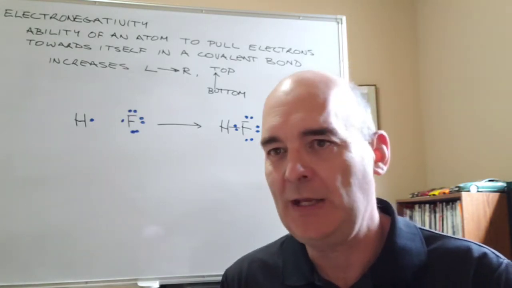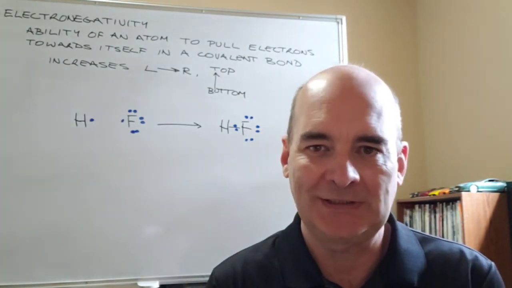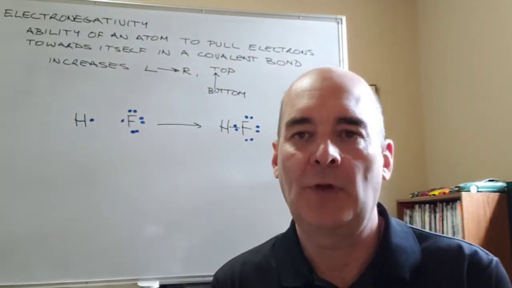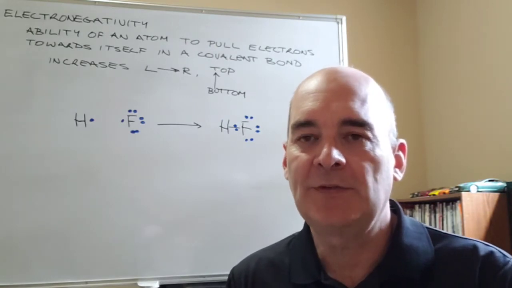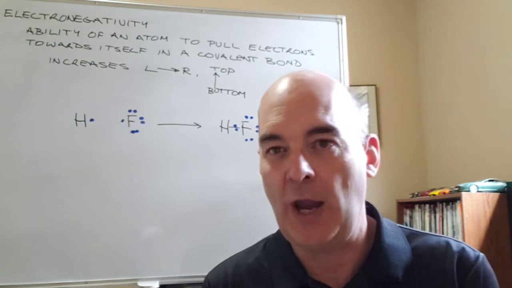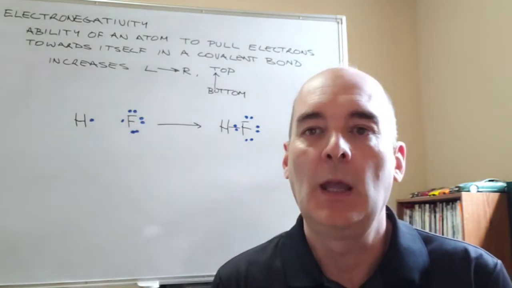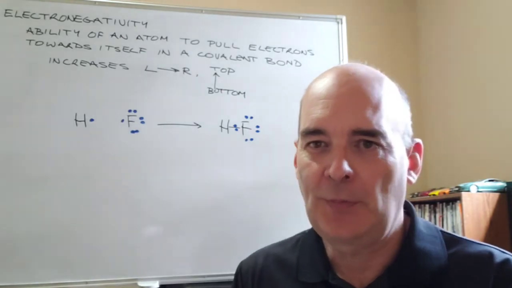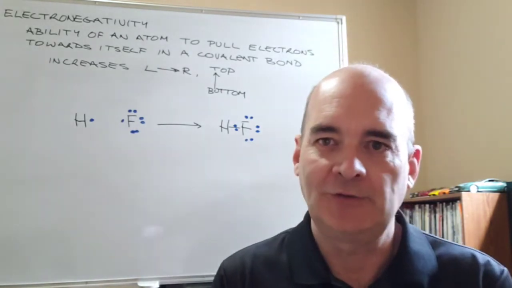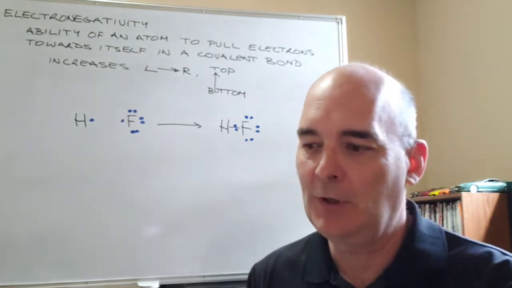Electronegativity is the ability of an atom to pull electrons towards itself within a covalent bond. And electronegativity is going to increase as you move from the left to the right on the periodic table, becoming more of a non-metal. And it increases from the bottom, where the atoms are large, to the top of the periodic table, where the atoms are smaller.